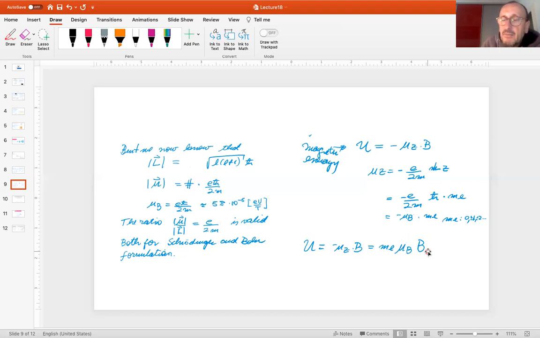It's a tenth of a milli electron volt compared to the energies of the electrons in the hydrogen atom, which are of the order of electron volts. The ground state is minus 13.6 electron volts. So applying a magnetic field to an atom just changes a tiny bit the energy of each of the levels, and the size of the change is this one.